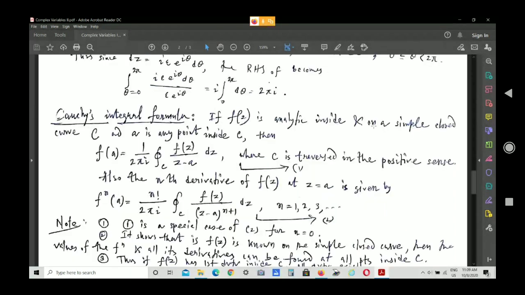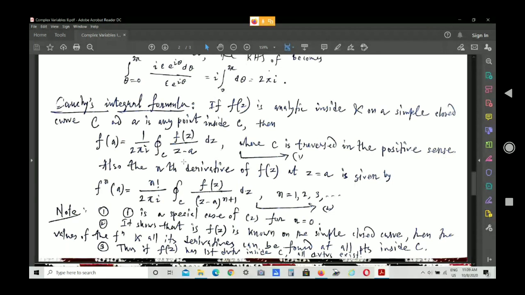If f of z is analytic inside and on a simple closed curve C, and A is any point inside C, then the value of the function at this point A is given by this integral. It is 1 by 2 pi i integration over C of f z divided by z minus a dz.